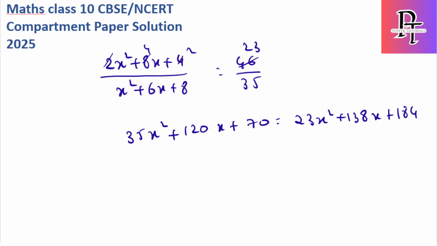Now move everything to the left side. You will get 35 minus 23 is 12x square. 140 minus 138 gives 2x. And 70 minus 184 becomes minus 114, equal to 0.